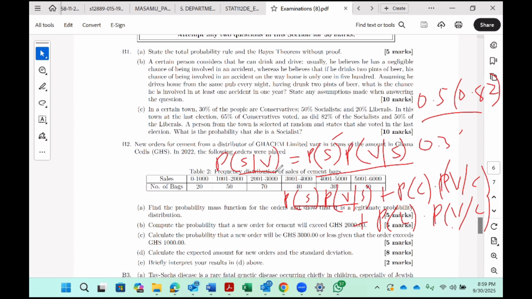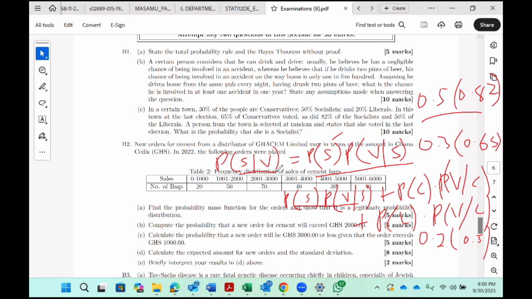Then plus those who are liberal, 0.2 times what? Those who voted as liberal, 0.5. So the denominator will be 0.5 times 0.82 plus 0.3 times 0.65 plus 0.2 times 0.5.